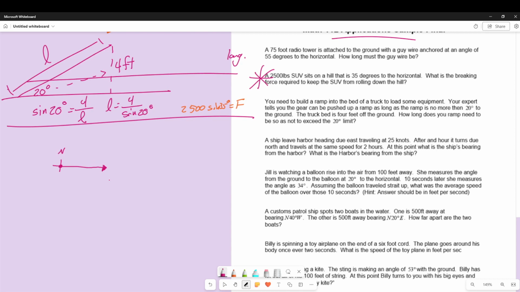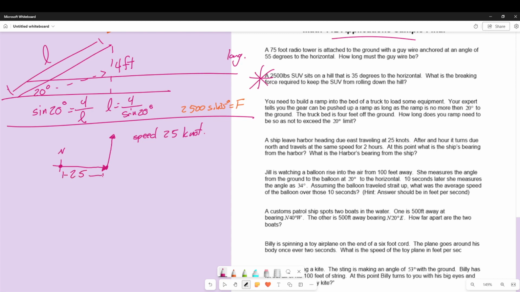Traveling at 25 knots, that's 25 nautical miles per hour, so that's a speed of 25 nautical miles per hour. After an hour, it turns due north. So if it went 25 nautical miles per hour for an hour, that means it went 25 nautical miles.